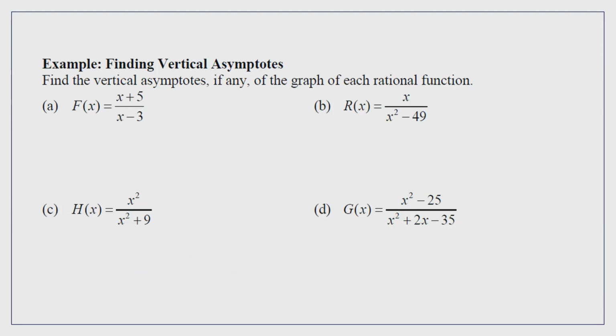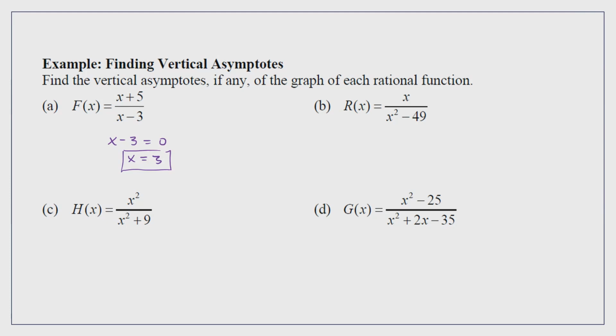Here our denominator is x minus 3, and f of x is written in lowest terms, meaning there are no factors that we can eliminate. So we take x minus 3, set it equal to 0, and we get x equals 3. So x equals 3 is our vertical asymptote for this function.